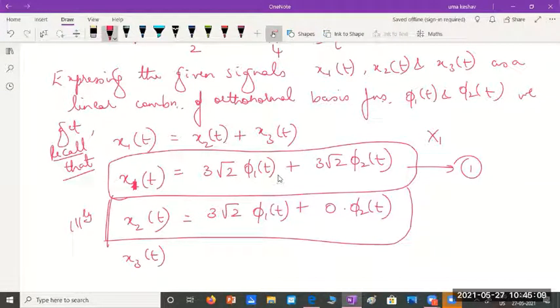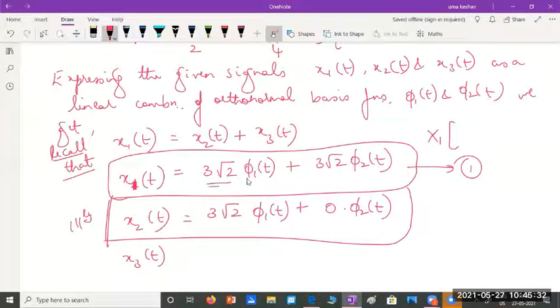What are the axes in a constellation diagram? What constitutes the axes? These orthonormal basis functions phi 1 and phi 2 form the axes in the constellation diagram. And what would be the coordinates?